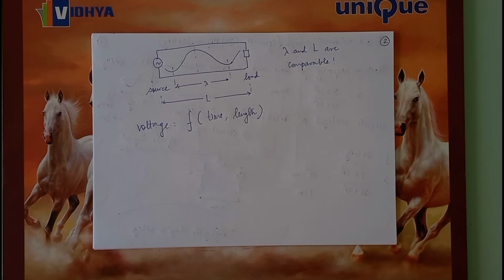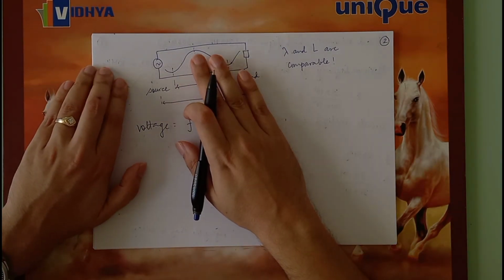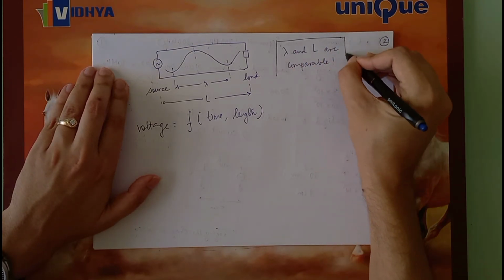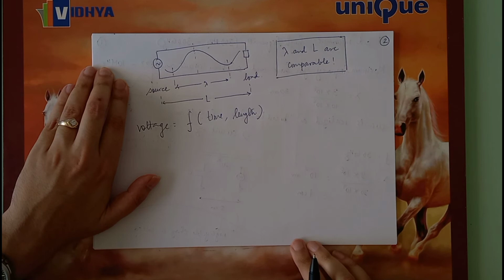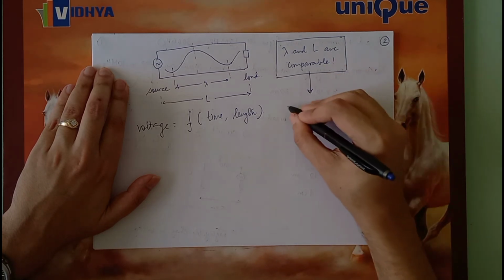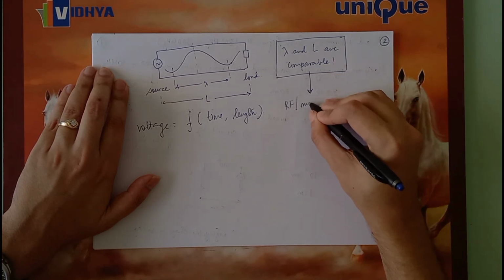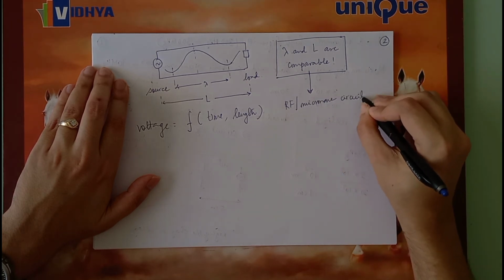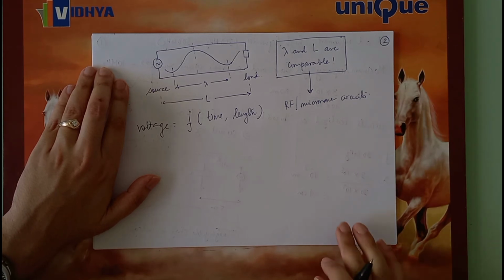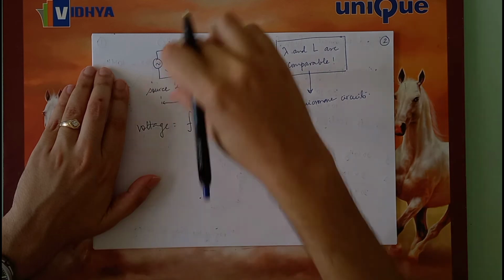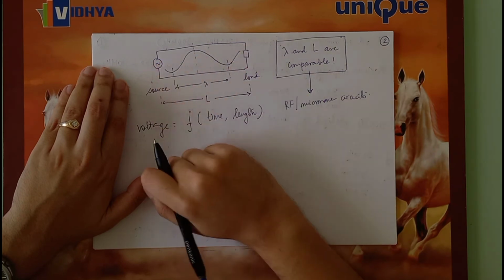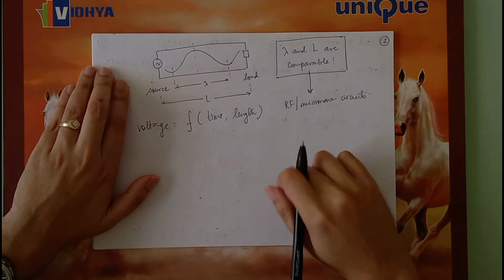So wherever you have such kind of circuits where the length and wavelength become comparable, those are RF and microwave circuits. We took a very simple example of the connection between a source and a load using a pair of wires.